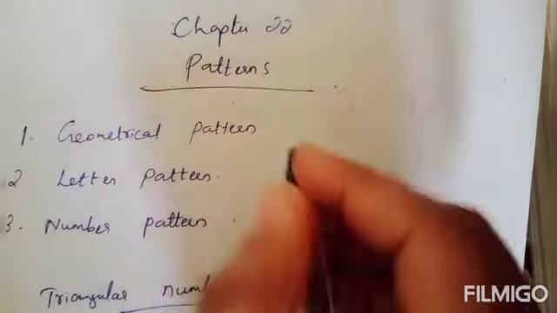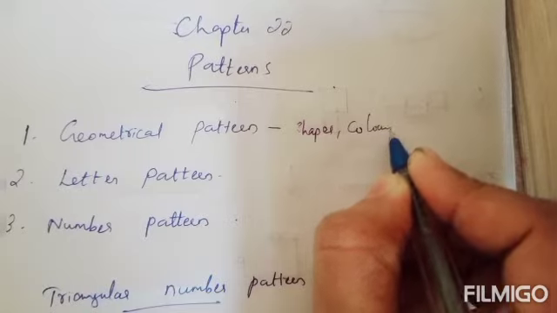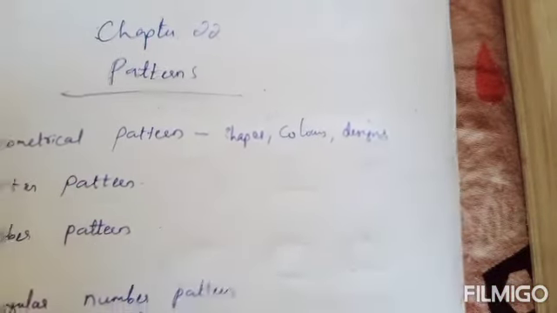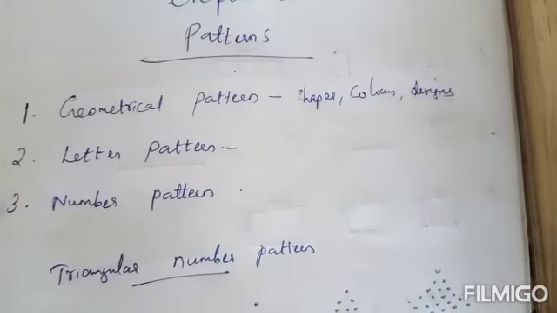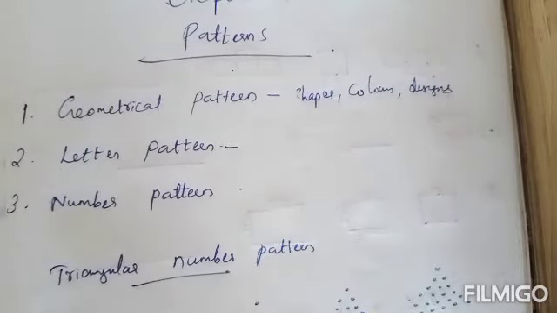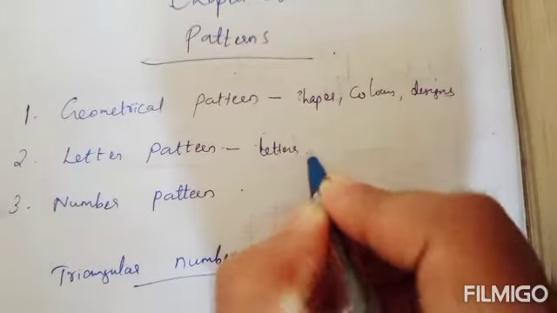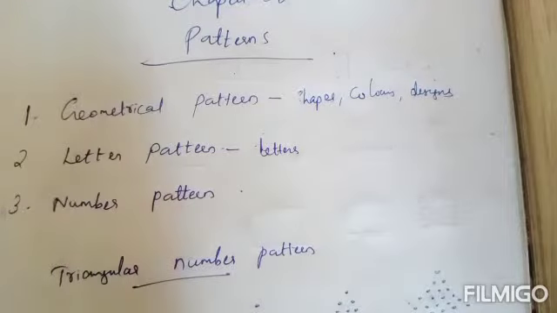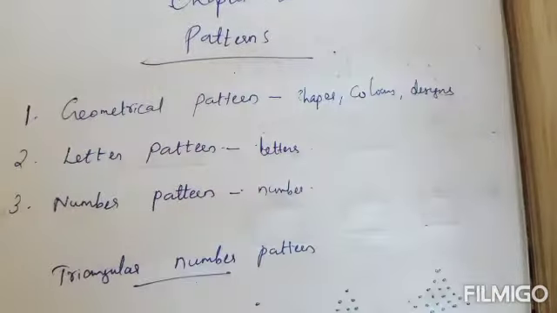Now letter pattern means it is arrangement of letters of the English alphabet according to a rule. Now number pattern is arrangement of numbers according to a rule. It is called a number pattern.